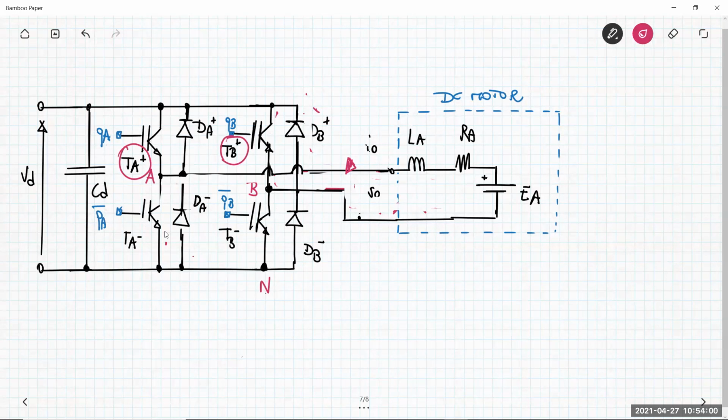The current goes from TA plus, going here, in this direction, then goes here, and then goes in dB plus. What I said before.